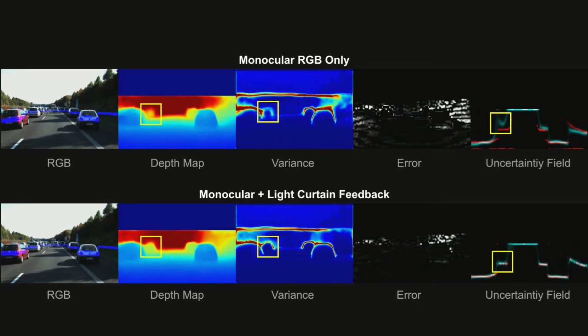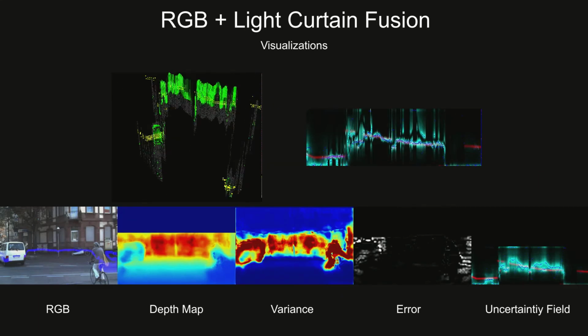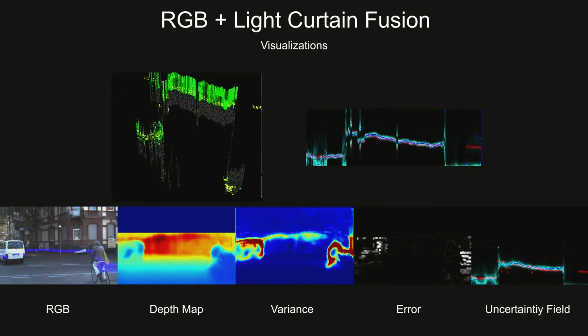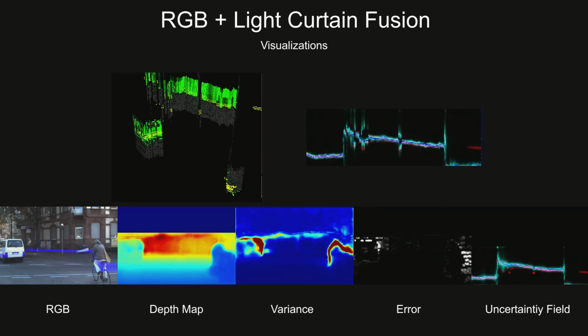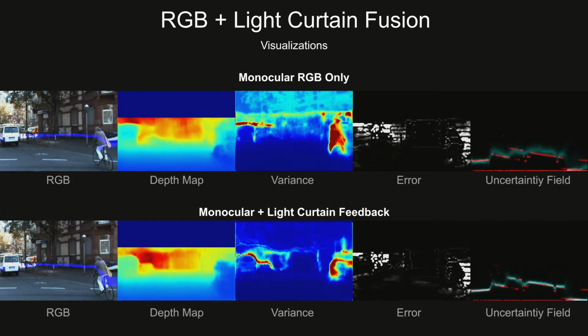We can see how the edges are pretty uncertain, and with the light curtain feedback we're able to refine this. And here is an example of a more cluttered scene. We start off with an extremely hazy and uncertain distribution and converge on the object within 3 frames. And here it is with the moving scene.